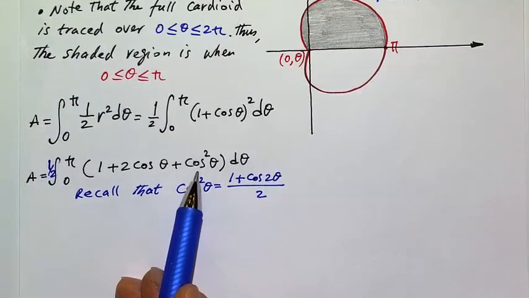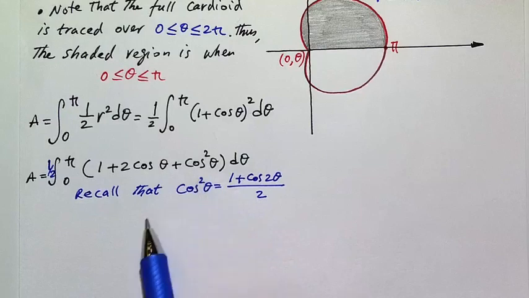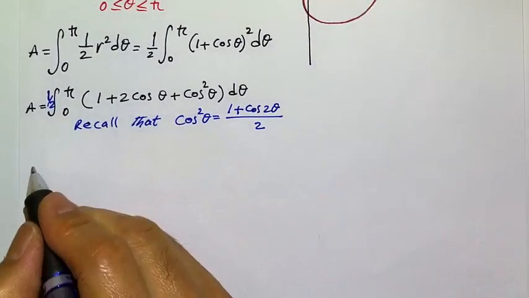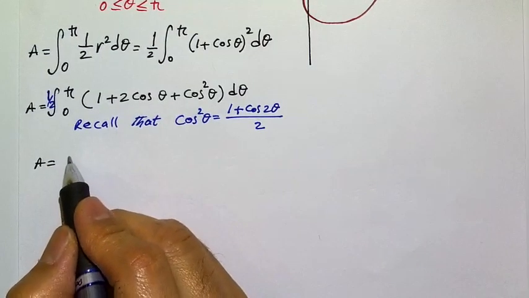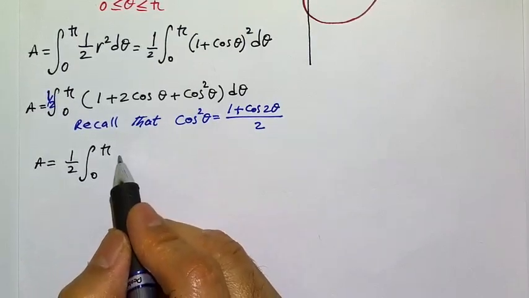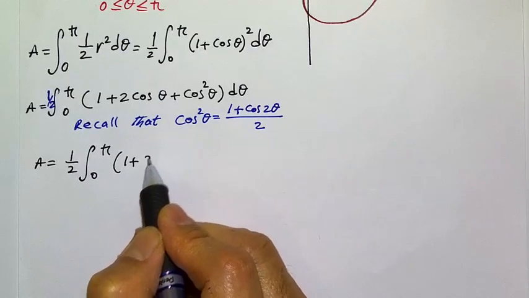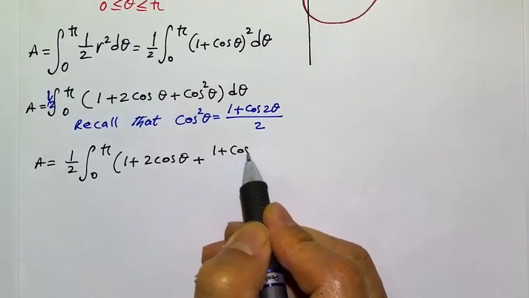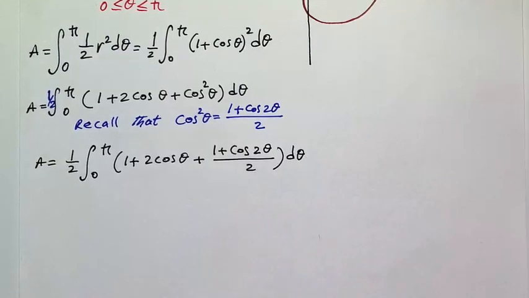It's the problem with this one, where we have to utilize this formula so we can make it easy to integrate. So then we have the area is equal to 1/2 from 0 to pi of, let's see, so we have 1 plus 2 cosine theta plus 1 plus cosine 2 theta divided by 2 d theta.